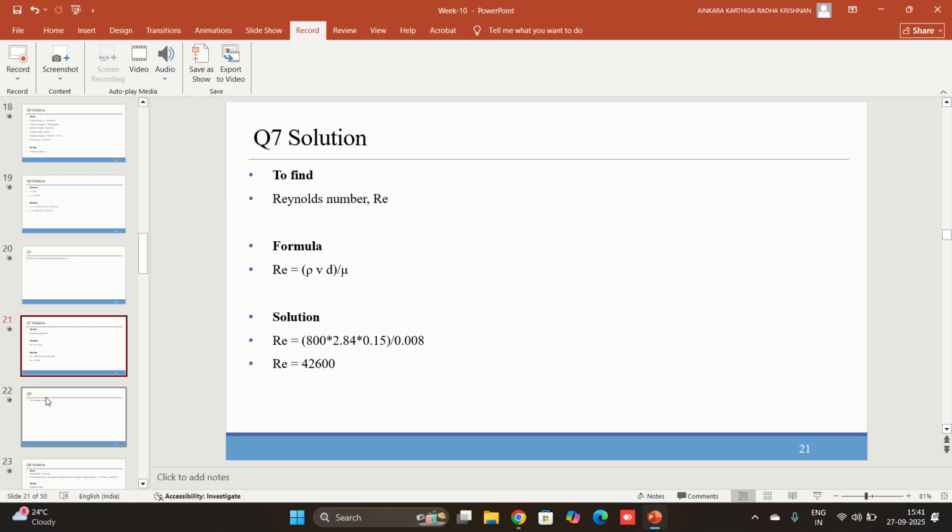It is a turbulent flow because it is greater than 4,000. We will keep that in mind when we are solving further problems.